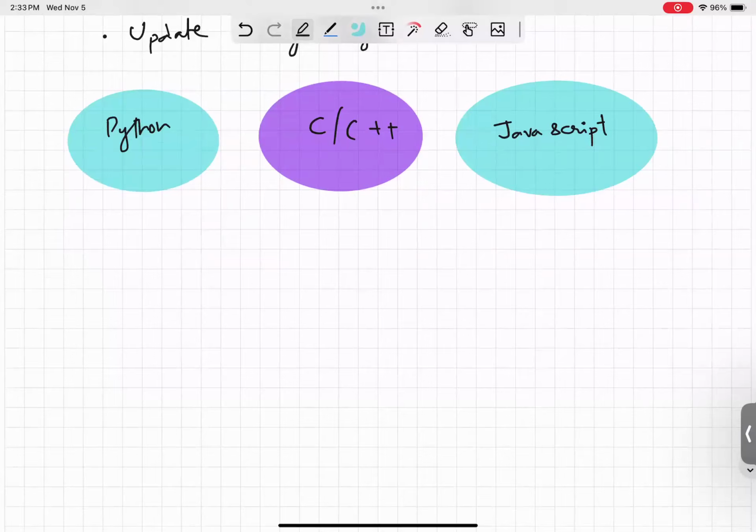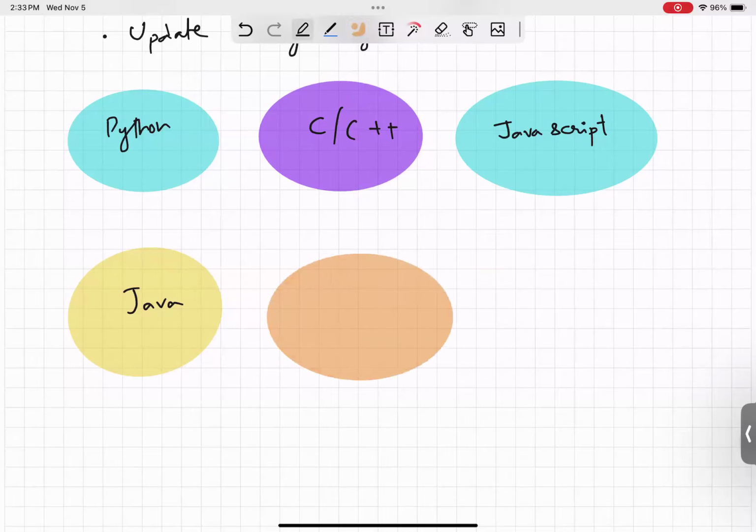What else? If you wrote JavaScript, let's also write Java. Nobody likes strange programming languages here? Okay, I'll write one. Haskell is definitely very strange.